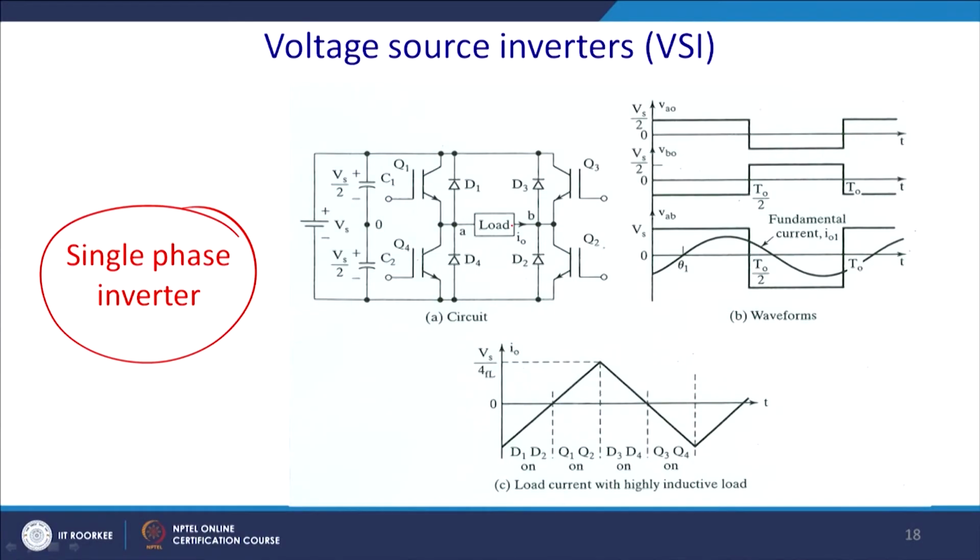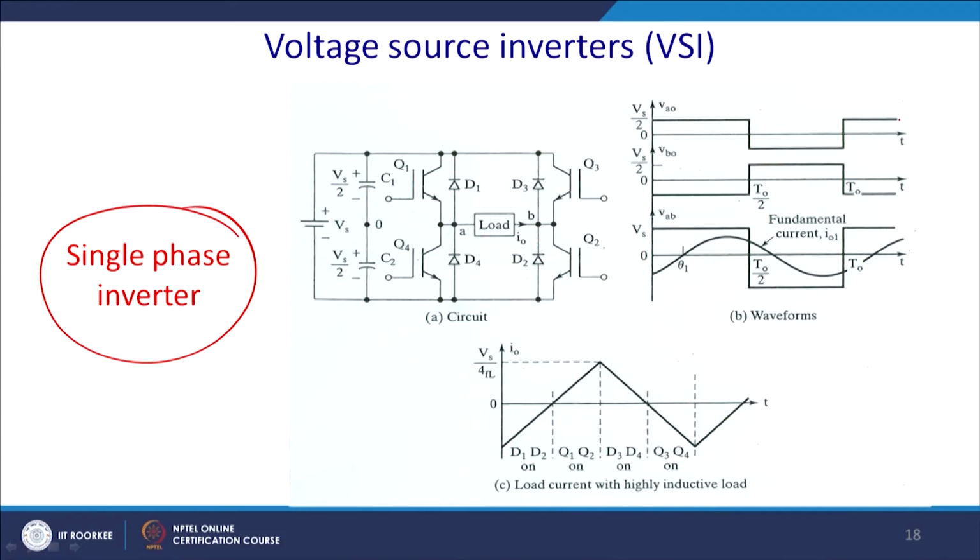But if the current is lagging the voltage by 90 degrees, then you will find that the current is at peak when you require to switch it off. That is the worst case condition, and we require to take care of those aspects.